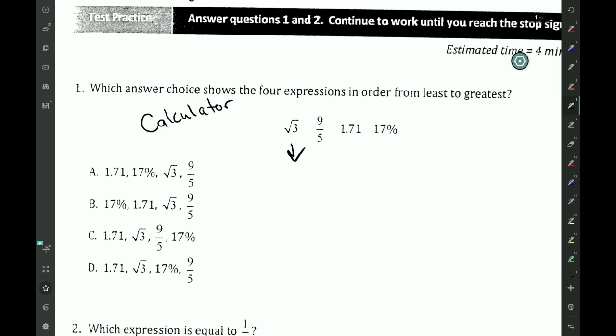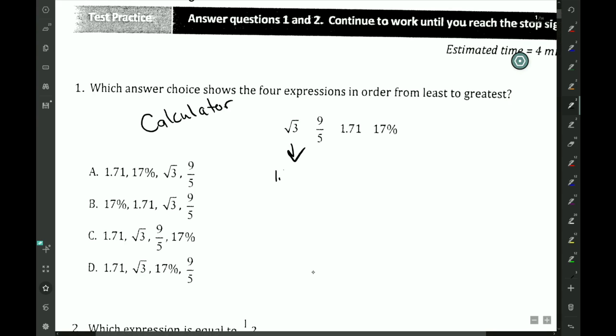If you take the square root of 3, you get 1.73. 9/5 is approximately 1.8. 1.71 is already in decimal, and 17%. To change percent to decimal, you can move the decimal. I like to think, you move it to the left, boop, boop, 2 spots, so it's really 0.17, okay?